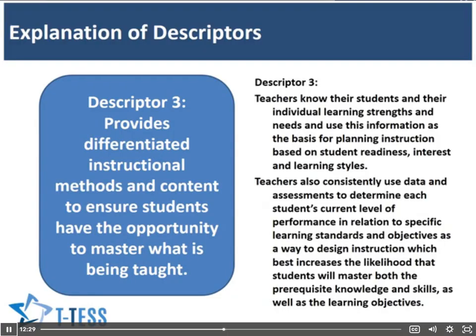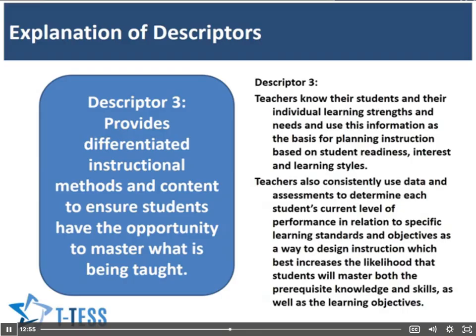Descriptor 3 reads, provides differentiated instructional methods and content to ensure students have the opportunity to master what is being taught. For descriptor 3, we might see that teachers know their students and their individual learning strengths and needs and use this information as a basis for planning instruction based on student readiness, interest, and learning styles.